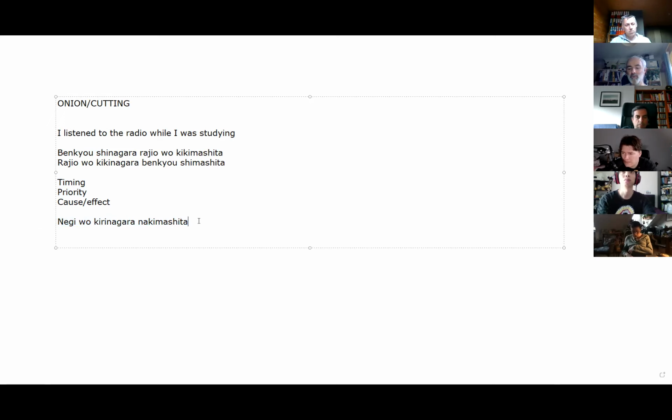Now, the reason why this is important is if I turn this around, naki nagara negi o kirimashita, this completely changes the meaning of the sentence. It now sounds ridiculous. It sounds like I'm crying, I'm really sad, I know, I'll go and cut some onions. It's like you're using onions to cure yourself from crying. So in this case, it's absolutely critical that the order is the right way around.